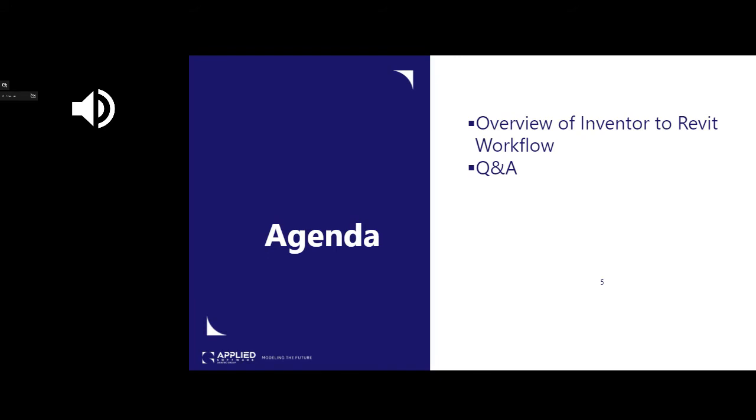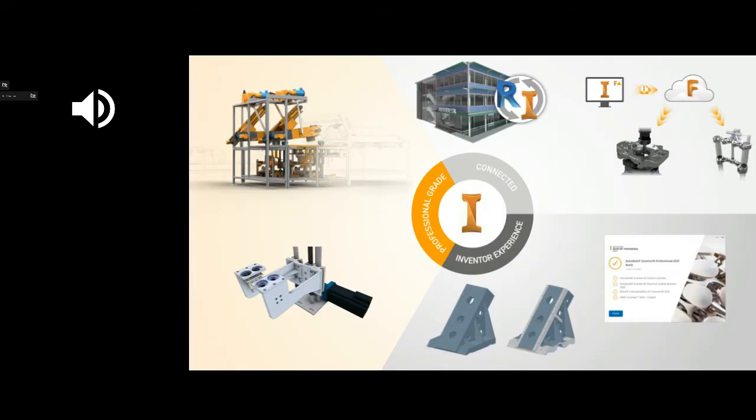Next slide, Diana. As I mentioned, today we're going to be going through the workflow between Revit and Inventor. Autodesk a while ago came up with the AnyCAD technology within the software, and with AnyCAD technology, we're able to easily share and collaborate with other CAD models or other CAD file types, right?